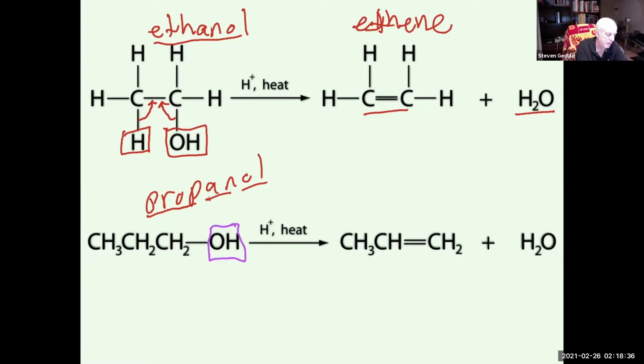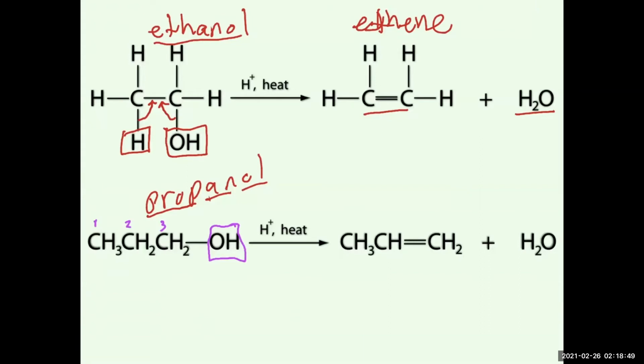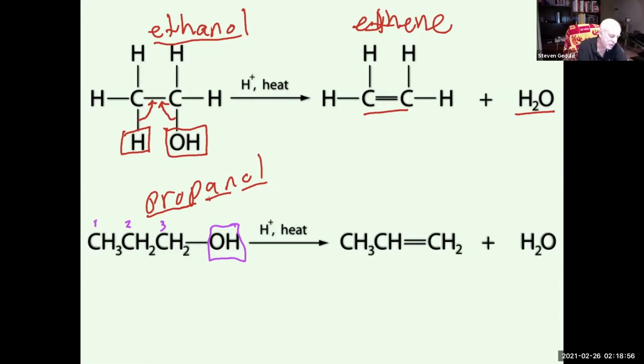Now, what carbon do I have to take the hydrogen from? Do I have to take it from number 1, number 2, or number 3? Which carbon is going to lose a hydrogen? Number 3. Not 3. 2. It has to be adjacent to it. Remember, this OH group is attached to the number 3 carbon.